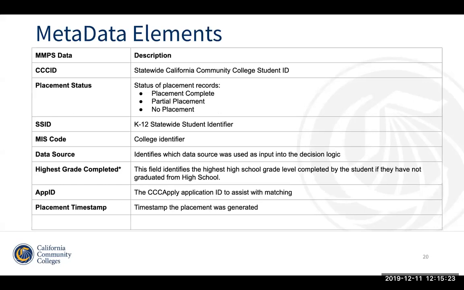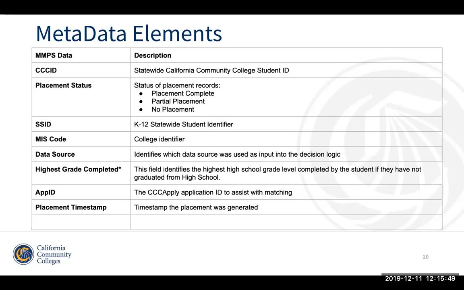So outside of the transcript information, the other data elements that are currently being delivered with MMPS include the CCC ID. That is the way that we're tracking and tying the MMPS records back to the students' open CCC account, so that we can track all of their placements across their applications.